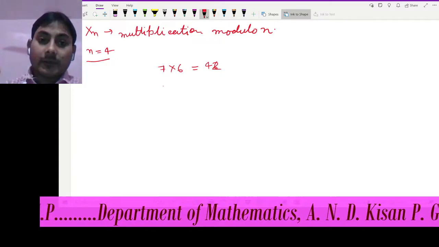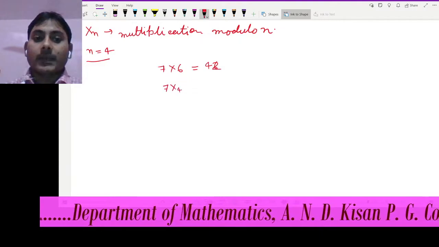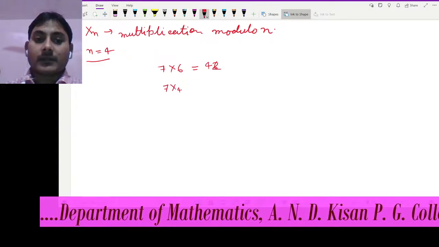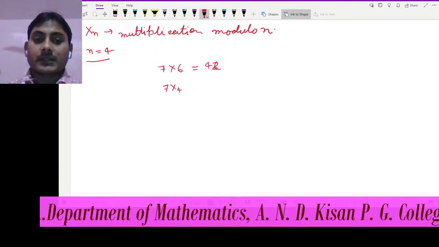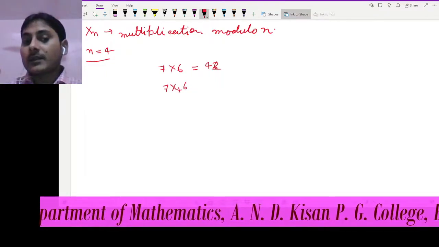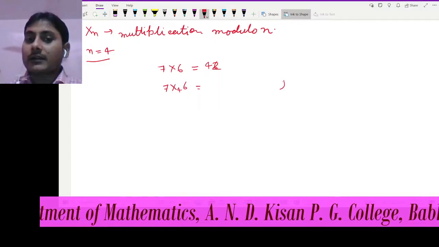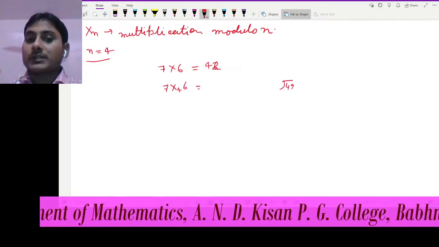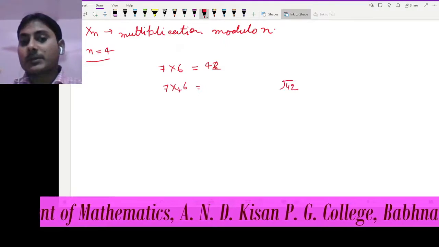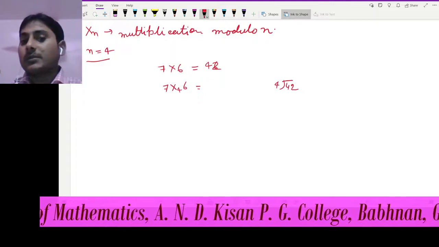But if I ask you, what is the multiplication of 7 and 6 with respect to multiplication modulo 4? It is again a remainder: whatever comes from the usual multiplication, you divide it by 4 and whatever remains will be your answer.